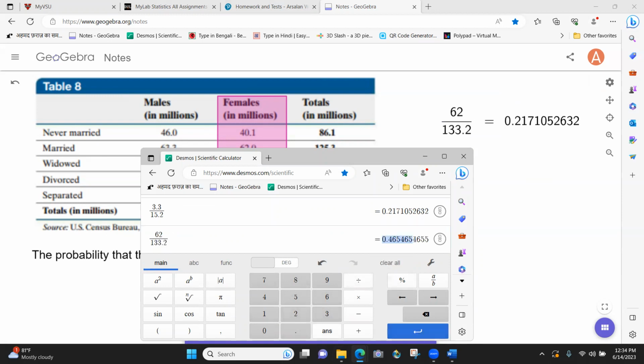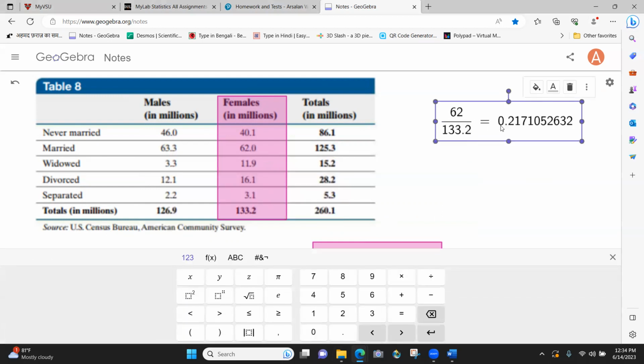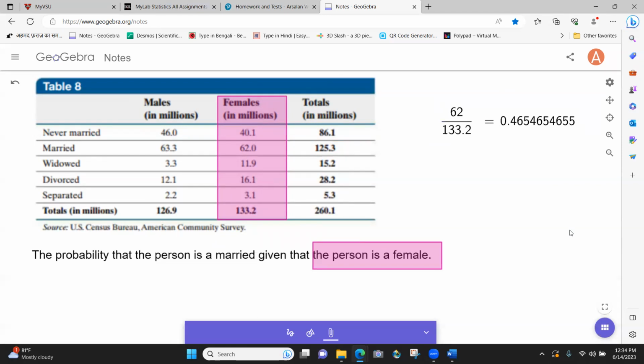I'm getting 45.45. That's your answer. So when a table is given, you want to read the part that's after "the person is female" or "the person is divorced," all those things. Then you just focus on that and find the probability, whatever probability they're talking about right here.